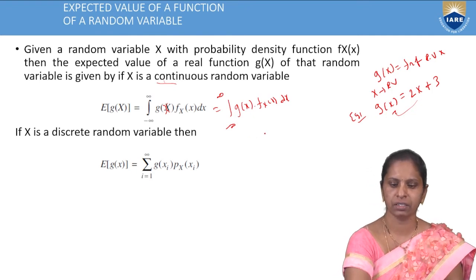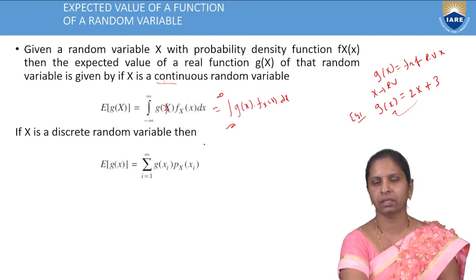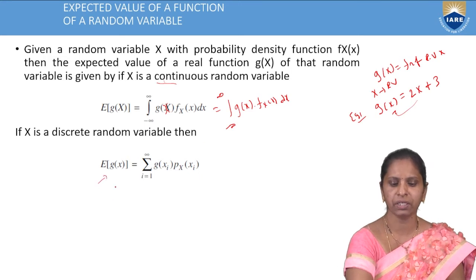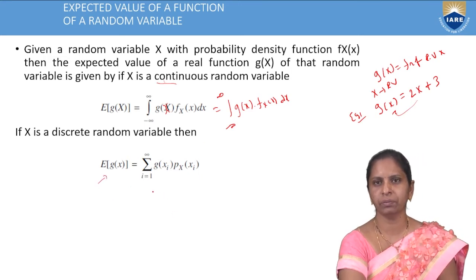Now, if x is a discrete random variable, then what is the expectation of the function of the random variable?